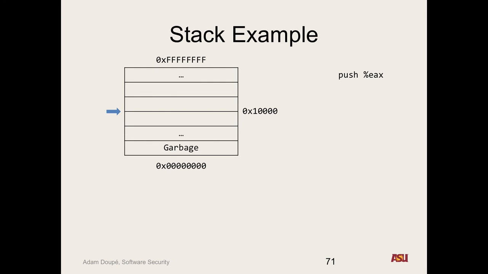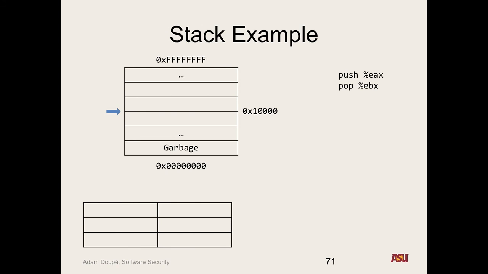So if we have push EAX, pop EBX, and the value hex A is in EAX and 0 is in EBX, and the stack pointer has the value 10,000 hex, the only way we know that this pointer is at the top of the stack is because there is the value 10,000 hex in ESP.